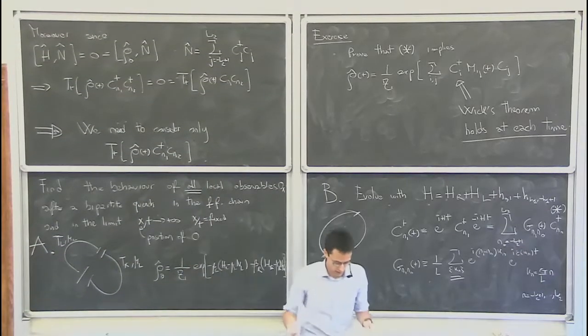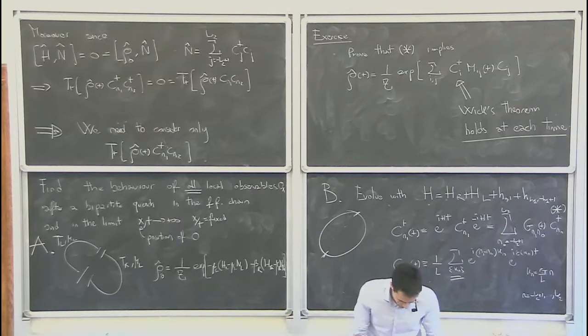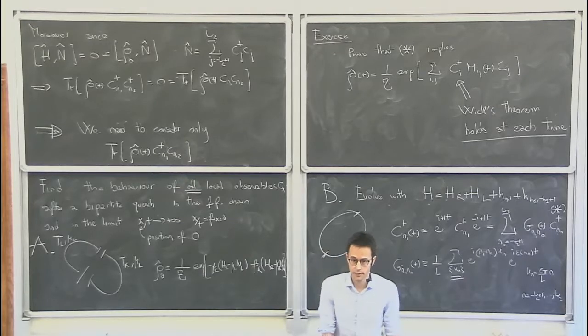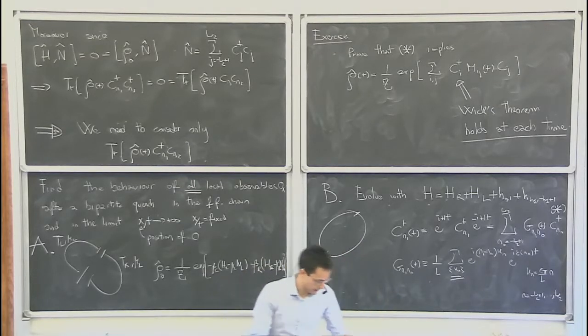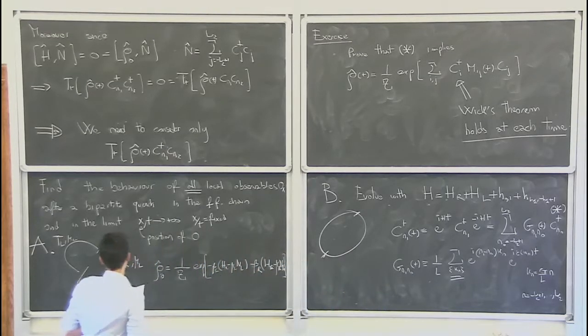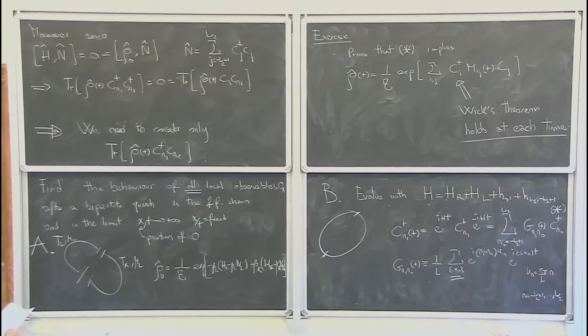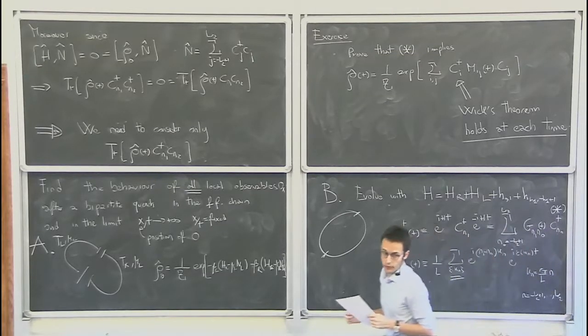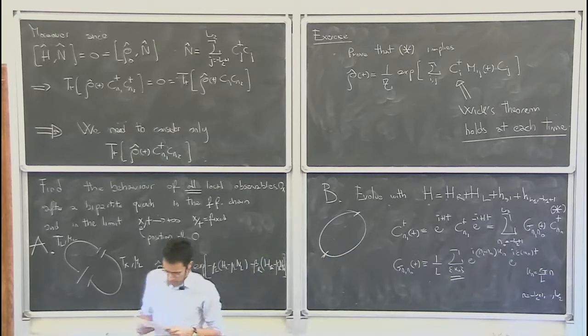Okay? So now it's a lengthy calculation, and I don't want to bore you with all the details, so I will try to skip some steps. But if I'm going too fast, please tell me if you are not following, and I will slow down and explain everything in detail. So the first step of the calculation is to use the relation star, this one, to relate the correlator with the initial one, with the one at time 0. Okay? Good.